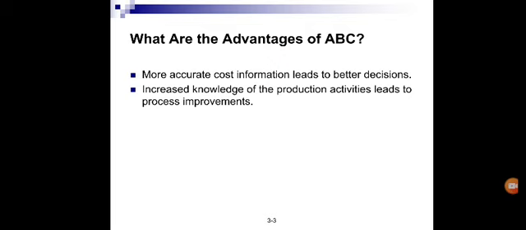The second advantage of using ABC is that when you use ABC in your business, it will increase your knowledge about the production activities. Why does it increase your knowledge about the production activities? Because when you implement ABC in your business, the first step is you have to identify activities related to the production.